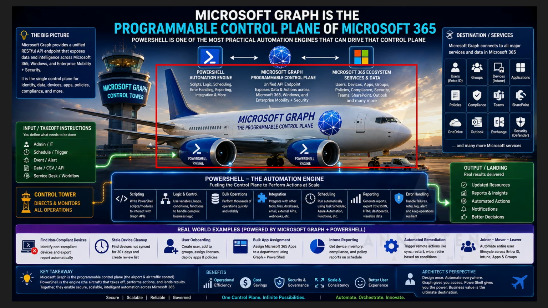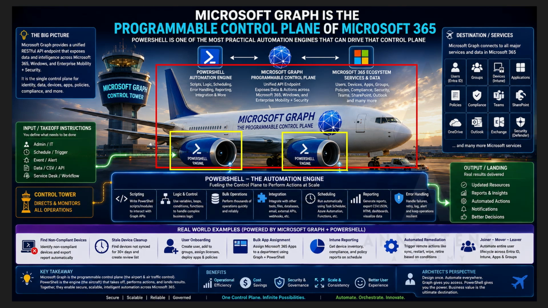Then your PowerShell is your automation engine, a layer which is driving. PowerShell is one of the most practical automation engines that we are going to use in this plane, so that this plane can drive, right?